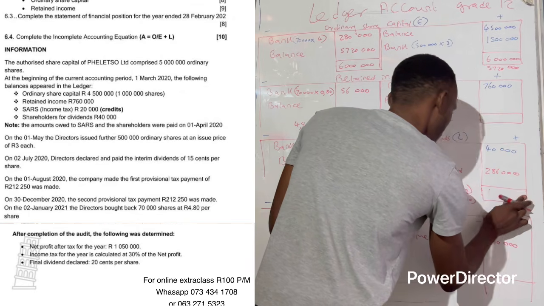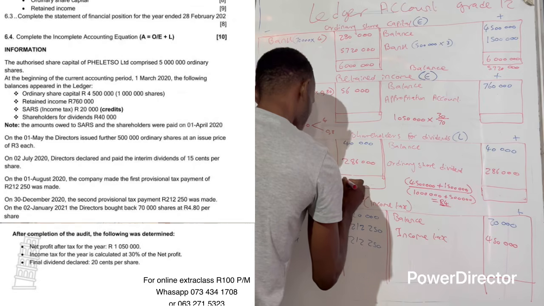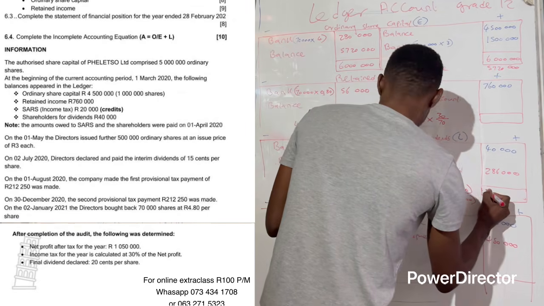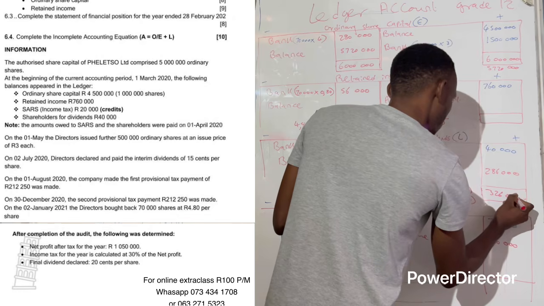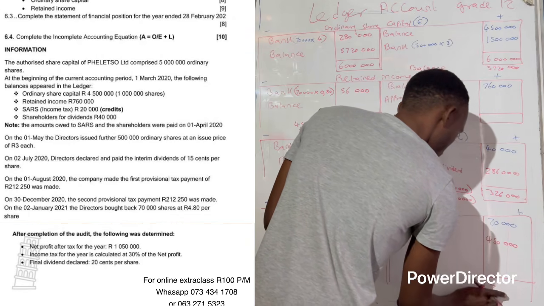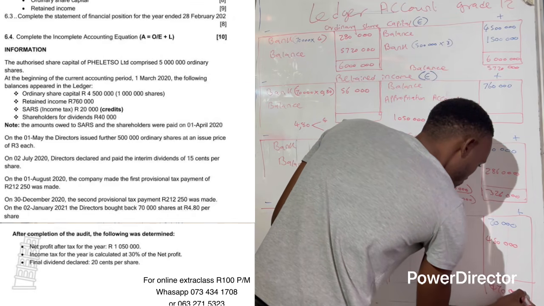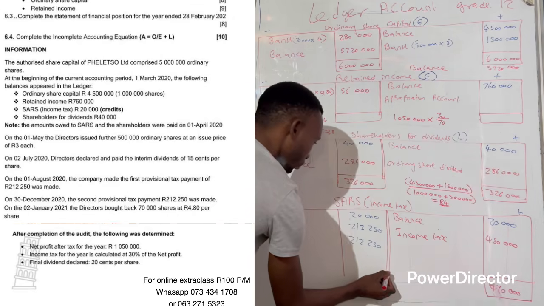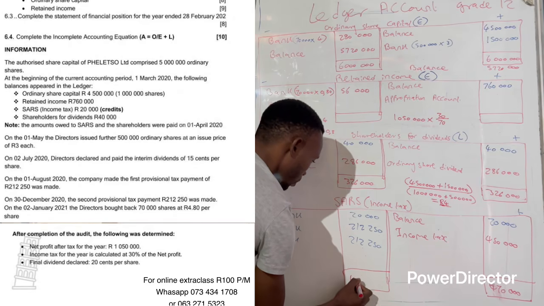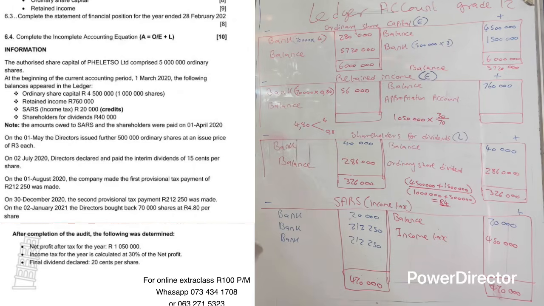Then I made a mistake here. I copied the wrong amount. Let me fix it. 326,000, and this one is the one which is 470,000, just like that.